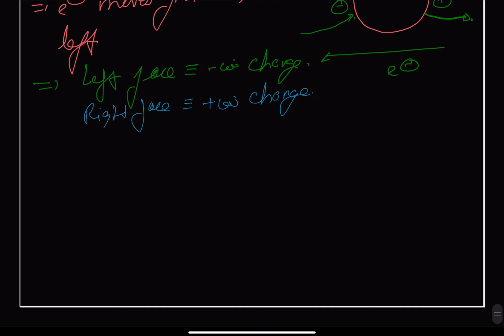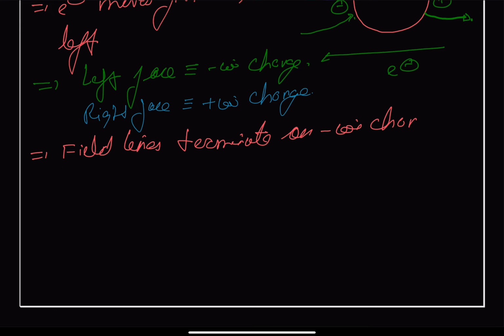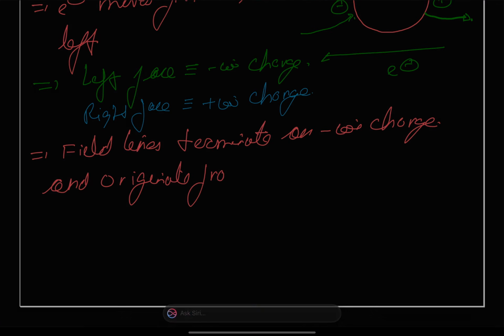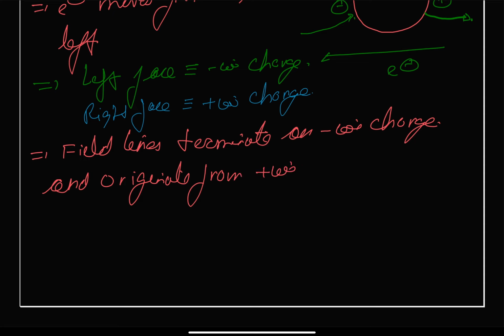And we know that field lines terminate on negative charge, and originate from positive charge.